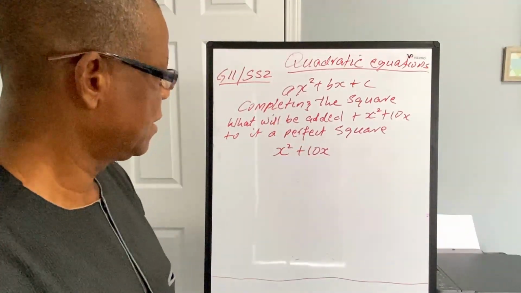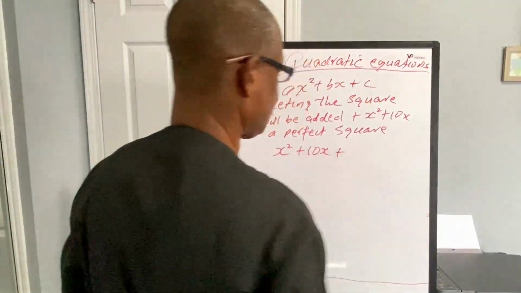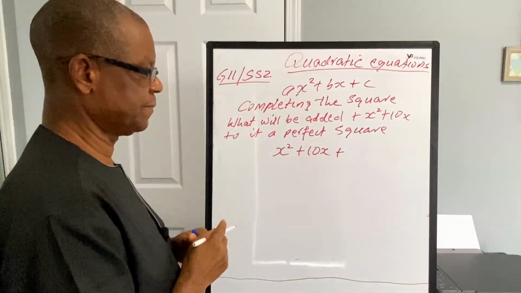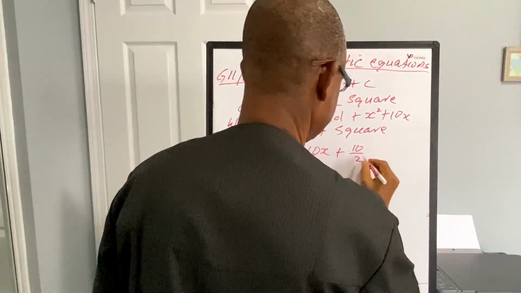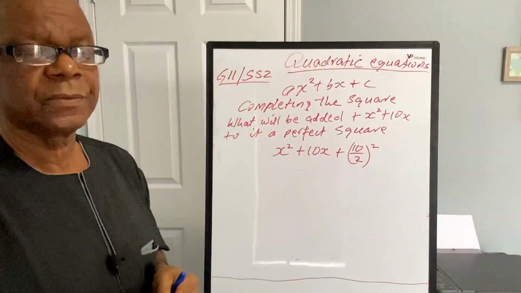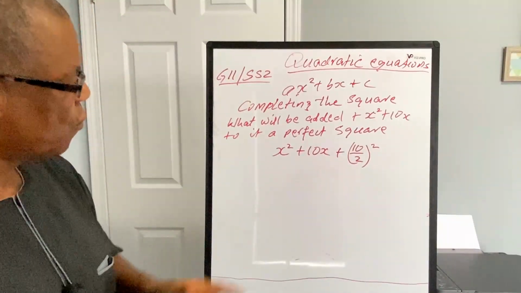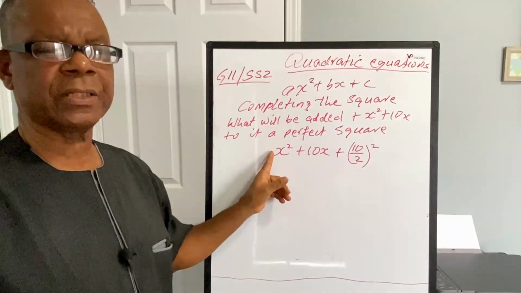I repeat, what will be added is plus the square of half of the coefficient of this first degree. And that is when the coefficient of the second degree is unit, as we have it here.